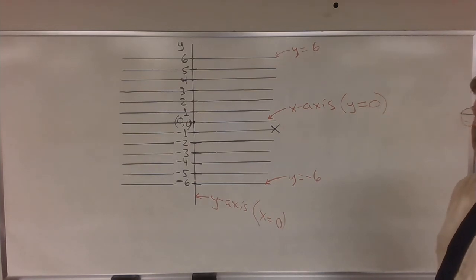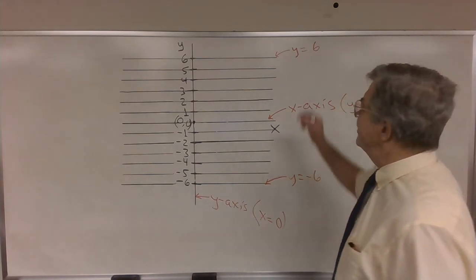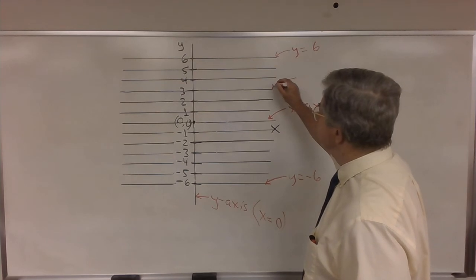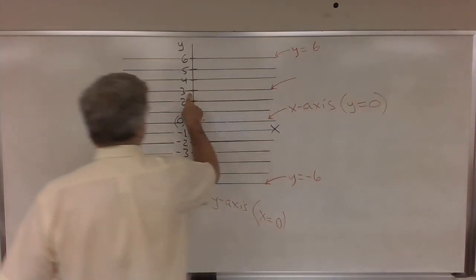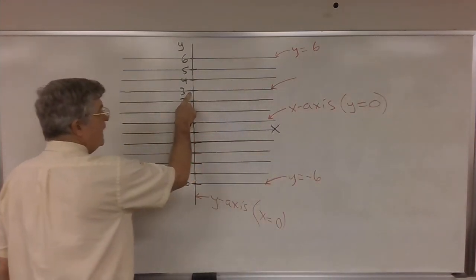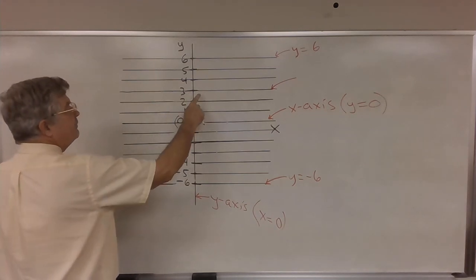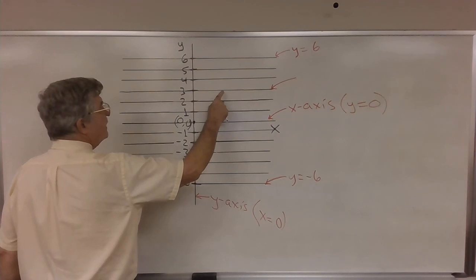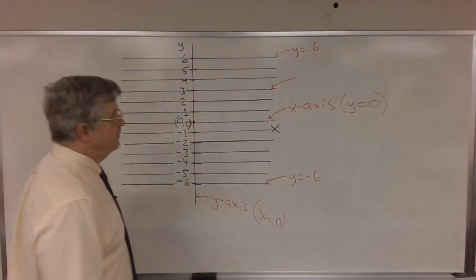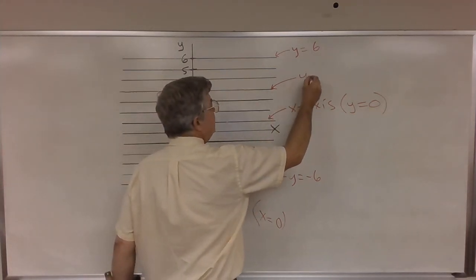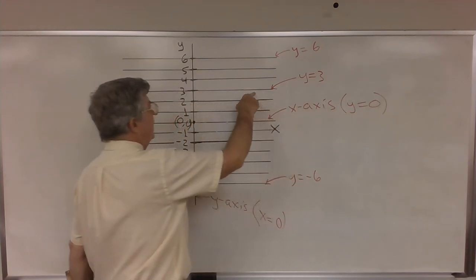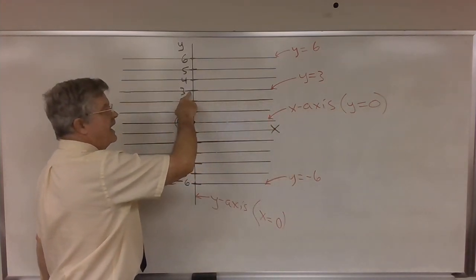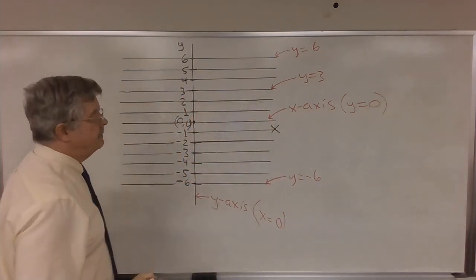And just to do one more example to be thorough, let's take this line right here. It runs through the point 3 on the y-axis, which means that the y-coordinate of every point on this line is 3. So the equation of this line that runs through 3 on the y-axis is y equals 3.